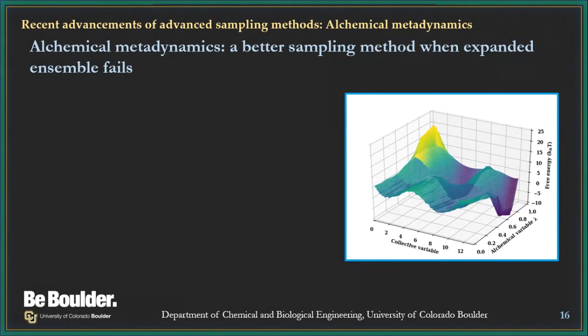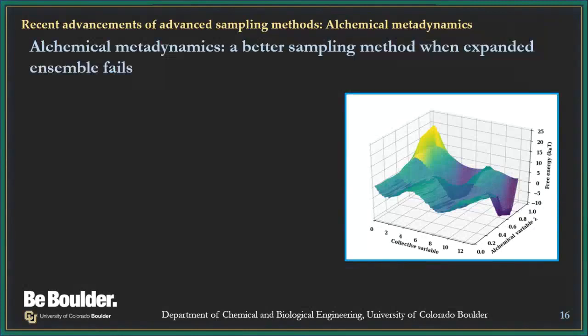So that is the reason we want to figure out a new method to solve that problem. You can imagine that if the system was trapped in a basin in the alchemical space, the easiest way is to apply Gaussian biasing potential to fill up that basin of the alchemical space and force the system out of that basin.